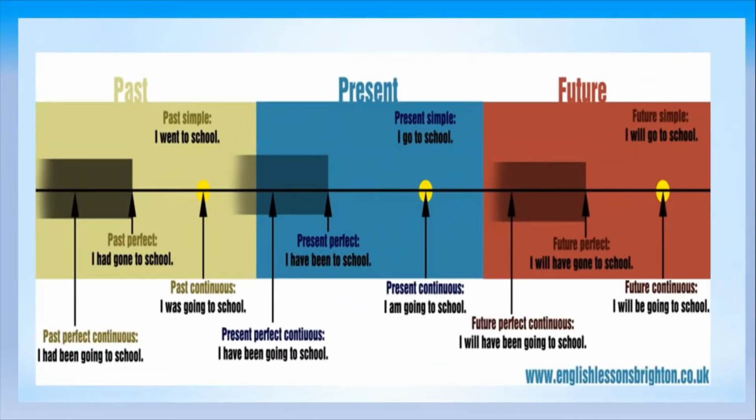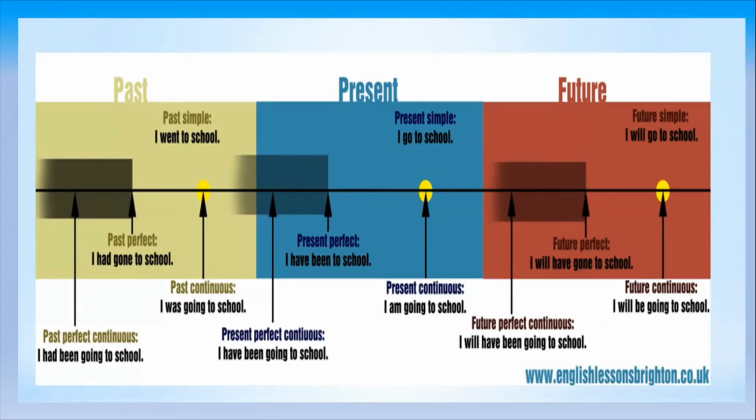I taught you before about the tenses, and I mentioned that we have past, present and future, and we have 12 tenses in the English language. The past simple, as I mentioned before, is a verb tense used to talk about things that happened before now.